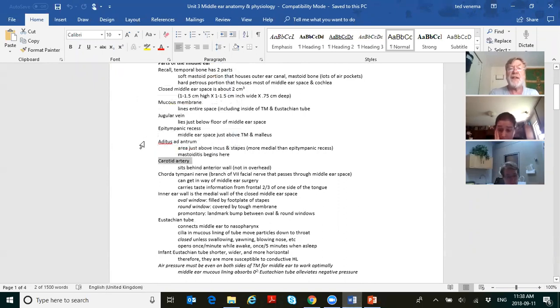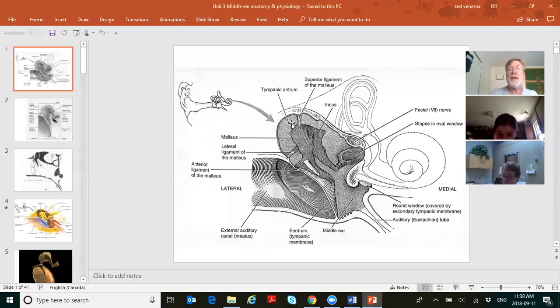We said that the otitis ad antrum is the space or area above the incus and the stapes. We said that the epitympanic recess is the area just above the eardrum and the malleus. So let's look. Epitympanic recess, otitis ad antrum. Okay, so in anatomy, even spaces are given names.